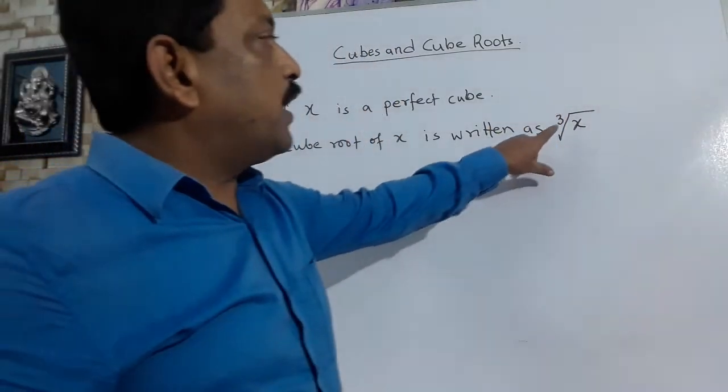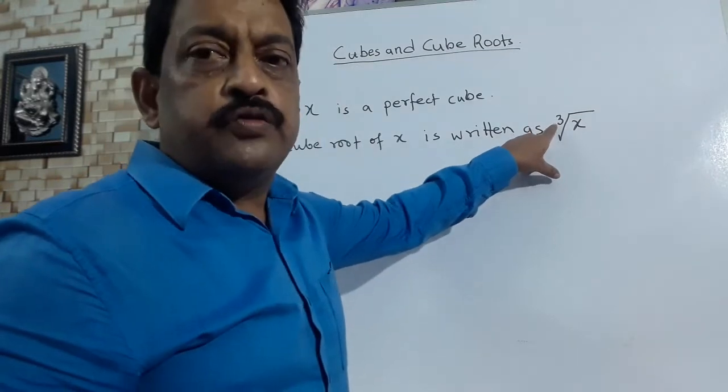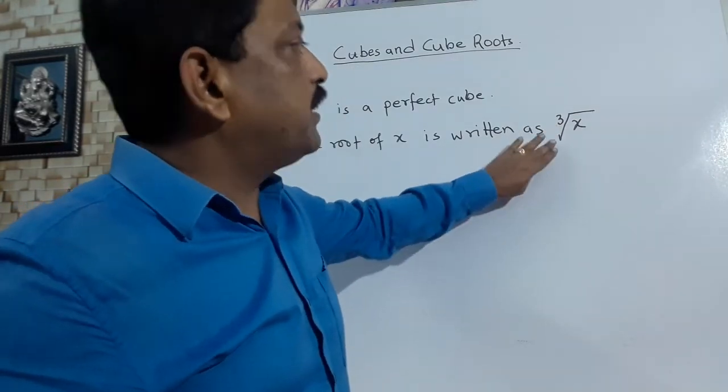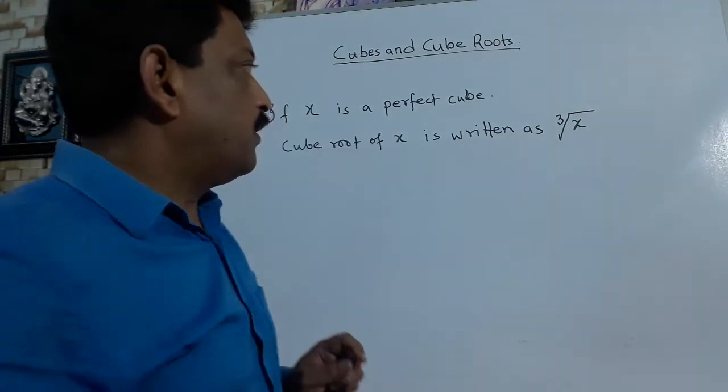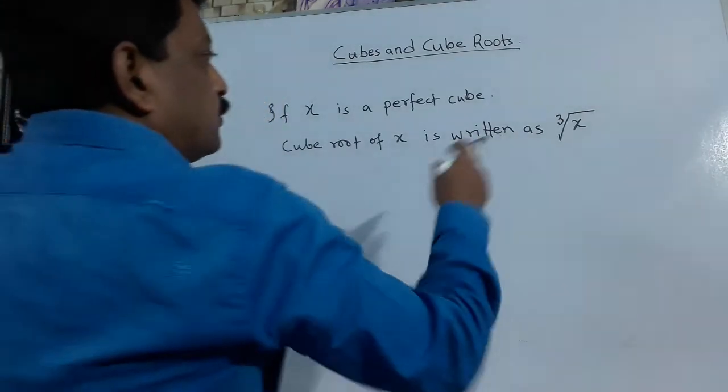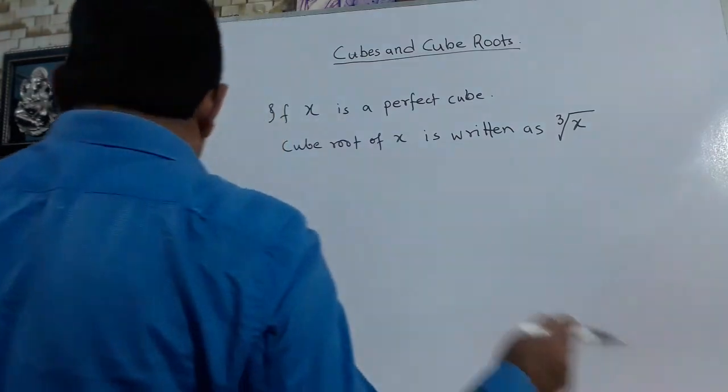In case of square root, here it is 2, but usually we don't write 2, but in case of cube root we have to write it like that. Understood? So let me show this with help of some example.